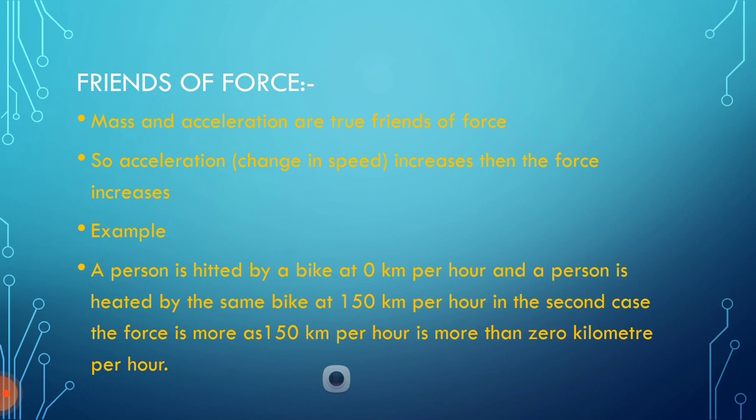The person hit by the bike at 150 km/h has more effect than when it is at rest. If it hits us at rest, we will not have any pain, but when it is going at speed, we may even die. Why? Because the acceleration is more.